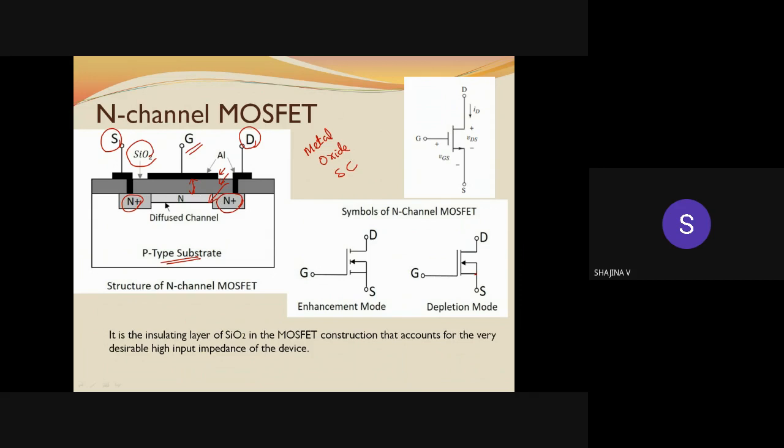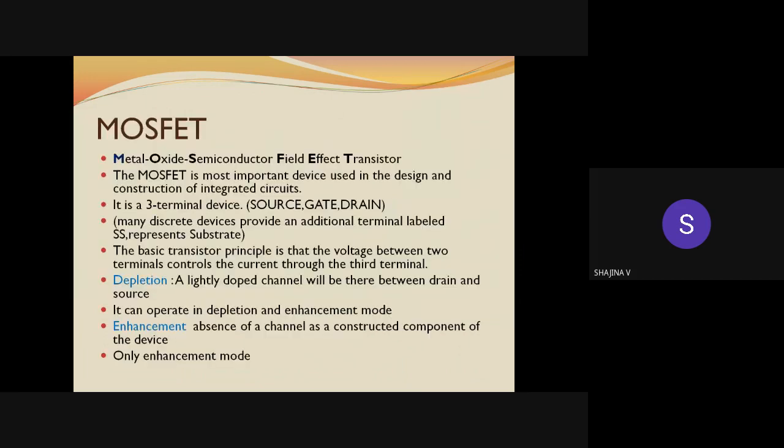Okay. Here you can see you have two types, depletion and enhancement MOSFET. In depletion MOSFET, a lightly doped channel will be there. While you are fabricating the device, there will be a lightly doped channel. But in the case of enhancement, at the time of component fabrication, there will not be any channel. We can induce the channel by applying voltages.